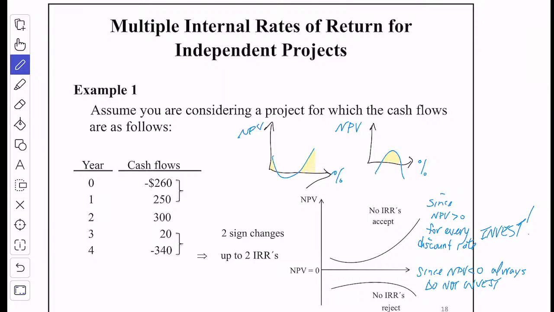Those are the decisions. So you can see we have to create the NPV profile. Our calculators, if you have the TI BA2 Plus, the one I'm using, it only calculates one internal rate of return. If you have the HP 10B2 calculator, it calculates both, or all.